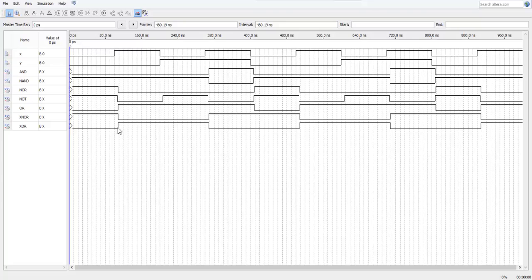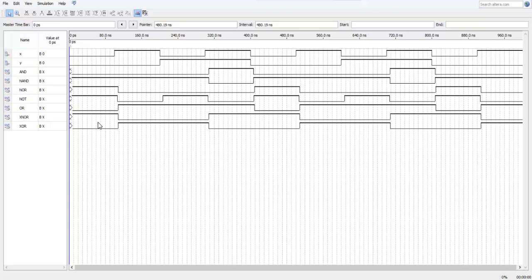These are the XOR and XNOR, and XNOR, as you can see, works only at similar inputs, which means that it will work only if X and Y are at the same level. Now here X and Y are at a lower logic, so XNOR is giving a high output, and here both X and Y are high, so XNOR is again high.